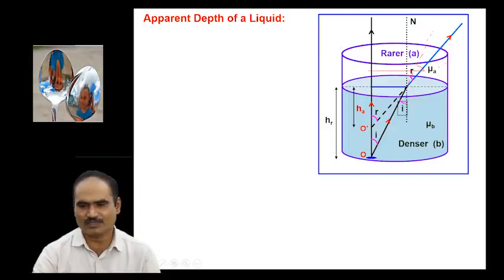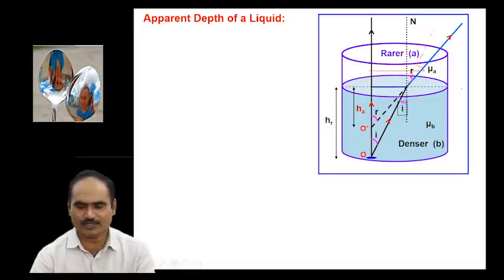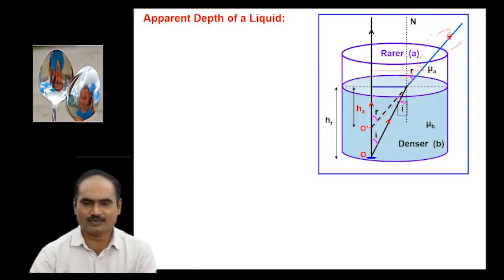But at the same time, when you see from here, it appears to come from this position. That is why the coin appears to be at this position. Let us see how we can obtain the refractive index by finding this.